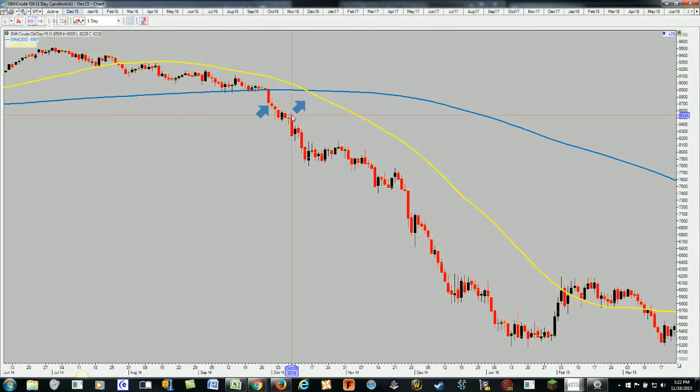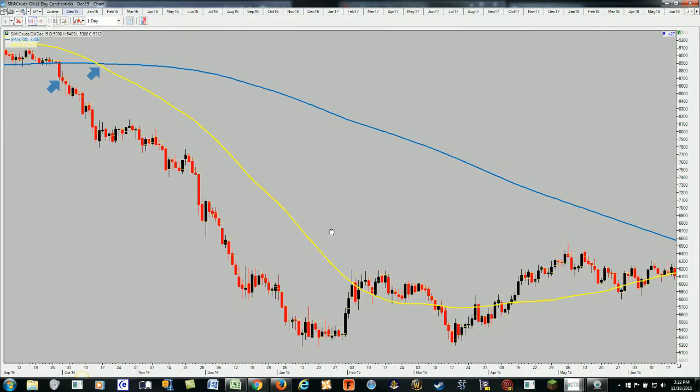So we have a crossover right in this area, and then we are in what is called a downtrend from this point forward. So roughly, if we look at the charts, it looks like right about here. So right about at October 15th of 2014 to say October 16th of 2014, we significantly closed under. And then we have been trading in a downtrend.